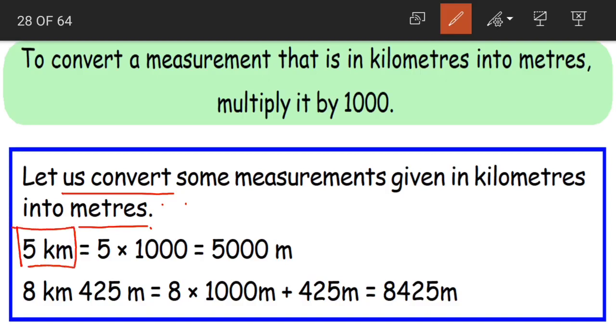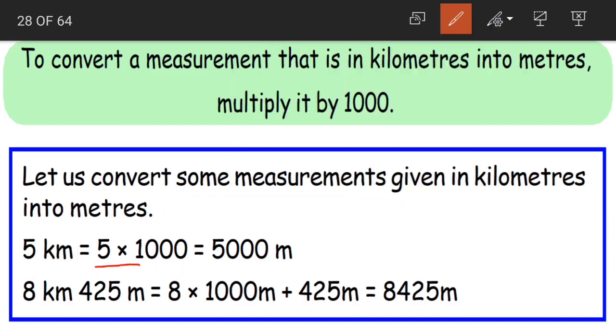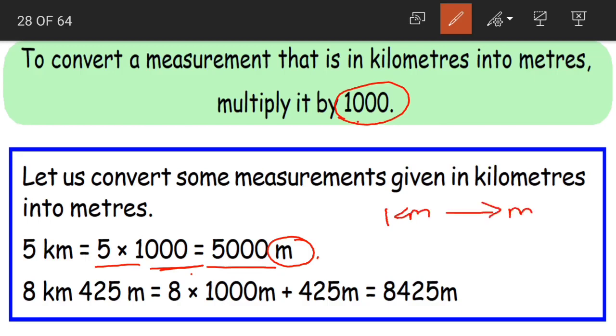We have to multiply it by 1000. 5 kilometers is equal to 5 into 1000, that is nothing but 5000 meters. Remember, we multiply by 1000 when converting from kilometers to meters, and when converting from meters to centimeters, we multiply by 100.